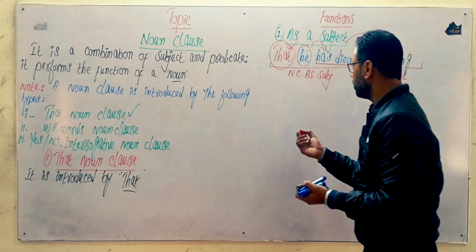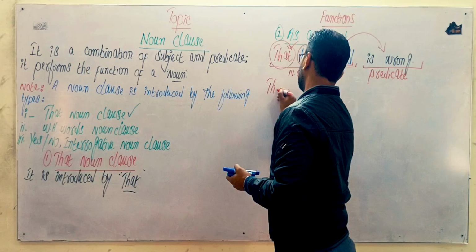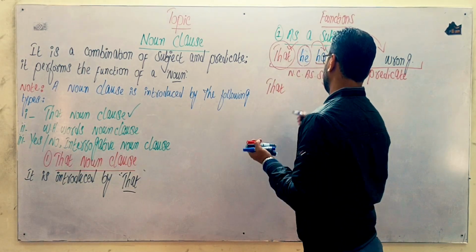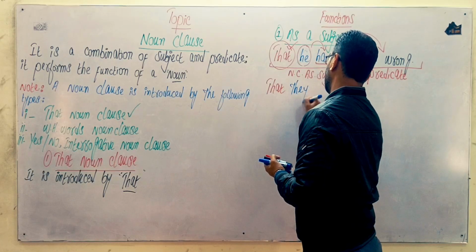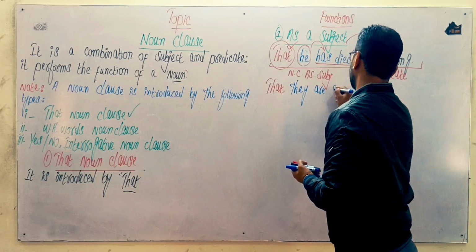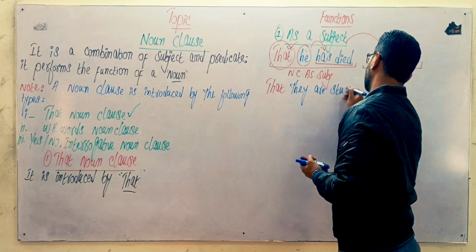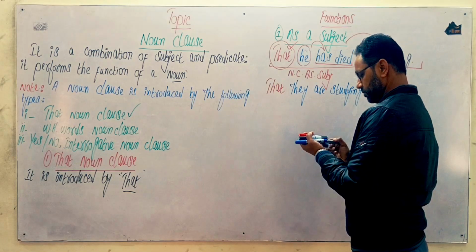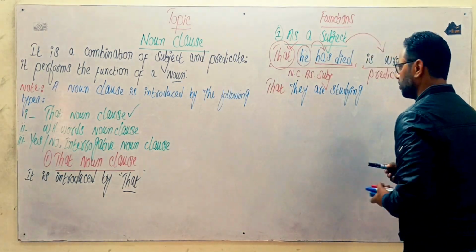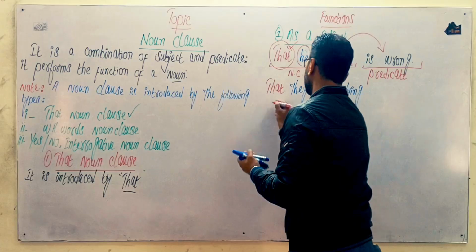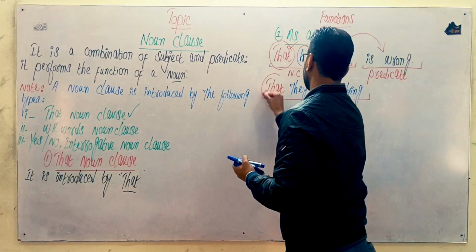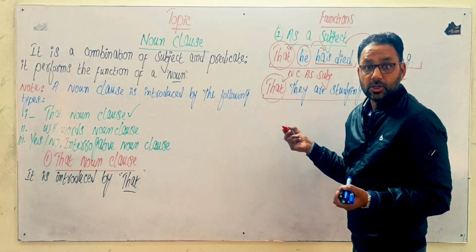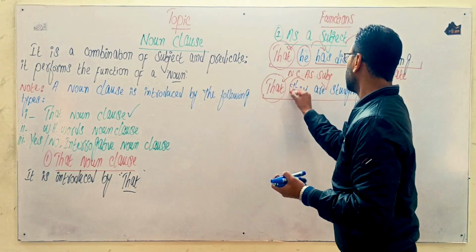One more sentence I would like to represent. That they are studying. So just try to check, bete, this complete whole. That noun clause introduced by that. आप इसको इसका conjunction भी कह सकते हैं. Subject plus predicate.